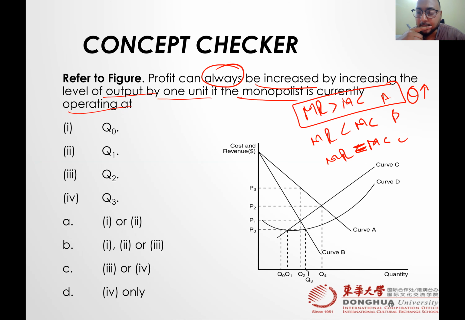So where is that condition? At Q4? Answer is wrong, because where is condition C? Condition C is on Q2, right? Q2, this is MR and MC.